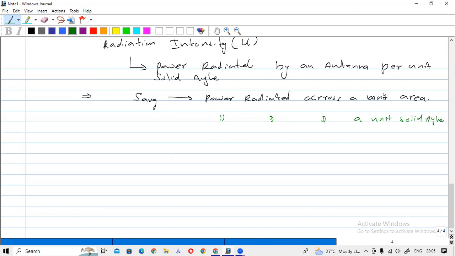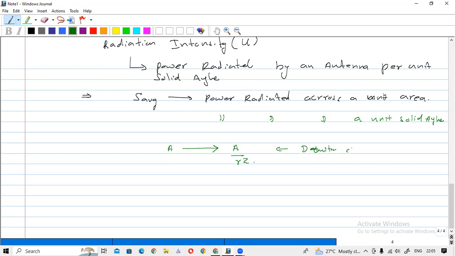If you consider a sphere, this is the definition of steradian. If you have an area A, the solid angle related to this area A is nothing but A divided by r square. Can you remember?